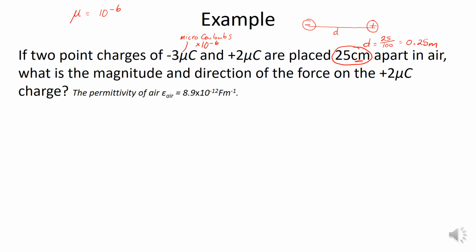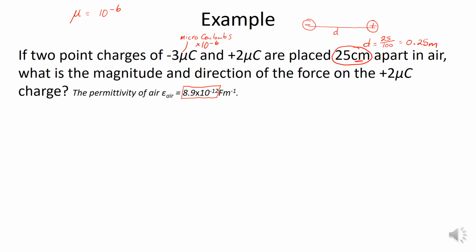And the permittivity of air is given here, 8.9 by 10 to the power of -12. So it's a very small number again, 8.9, divided by 10 twelve times. Our scientific calculators are able to deal with all those very small numbers very well.